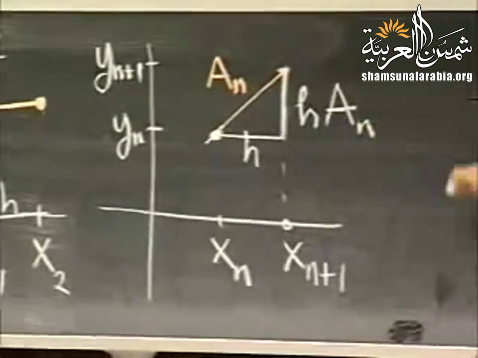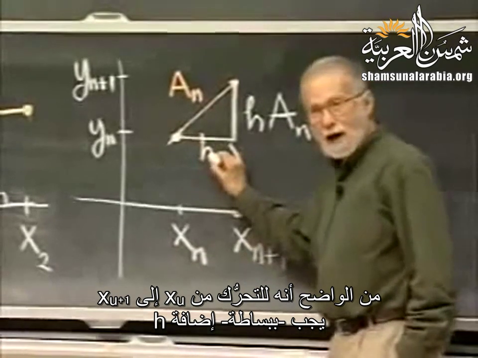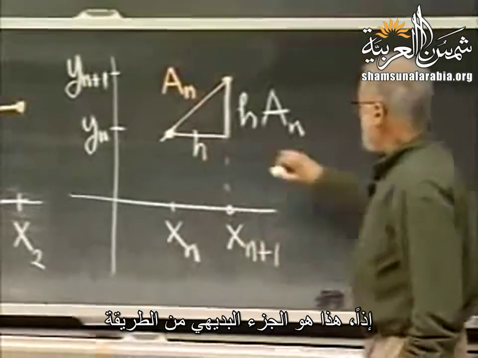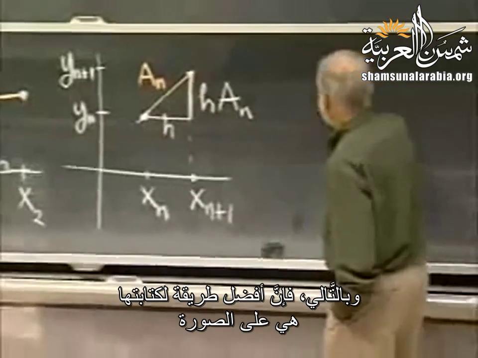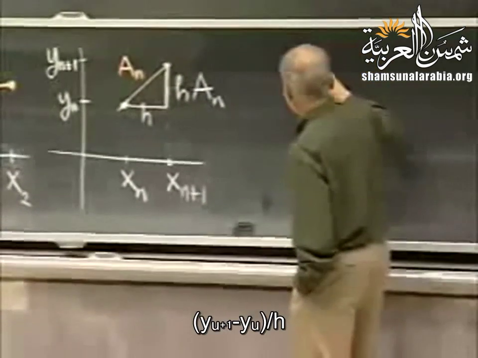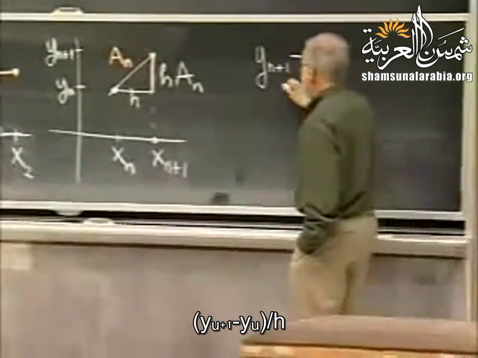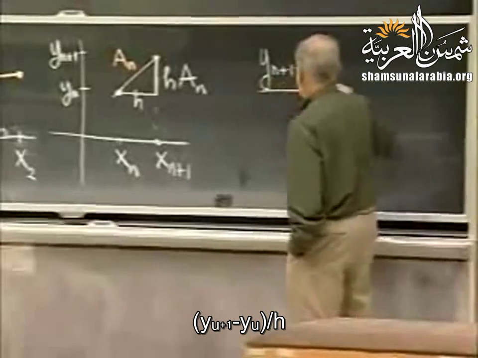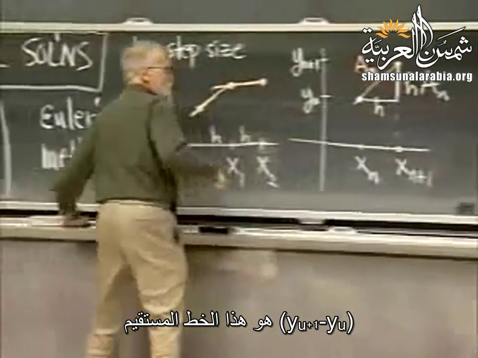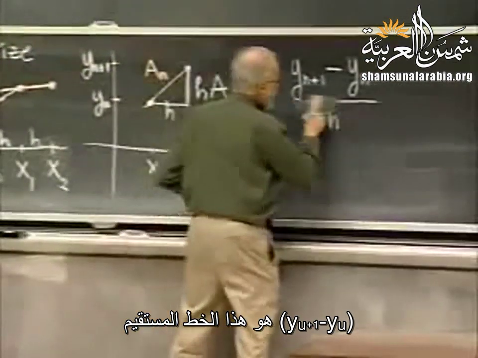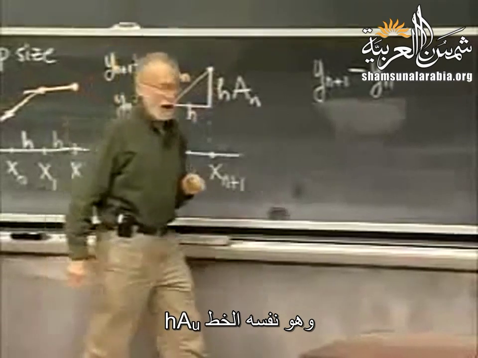How do I get from xn to xn plus 1? I simply add h. So that's the trivial part of it. The interesting thing is, how do I get the new yn plus 1? And so the best way to write it is that yn plus 1 minus yn divided by h, well, yn plus 1 minus yn is this line, the same as the line h times an.